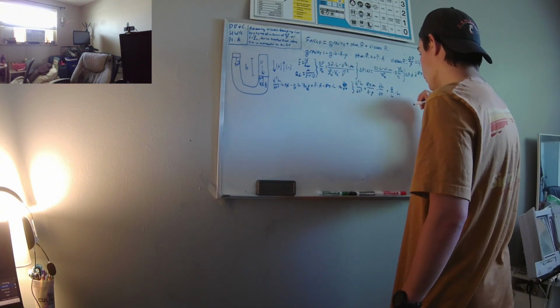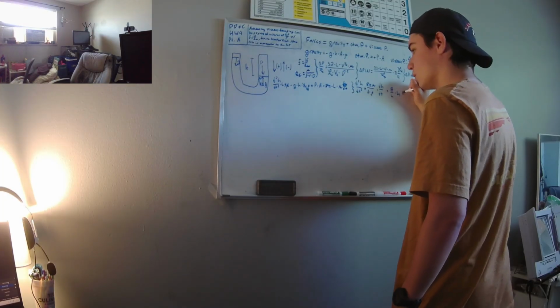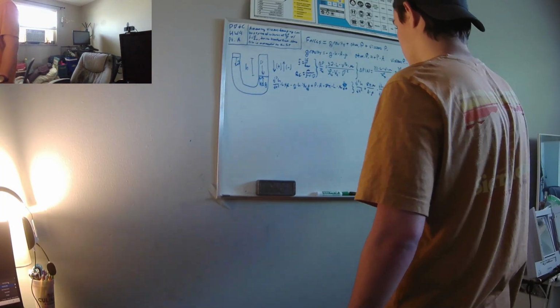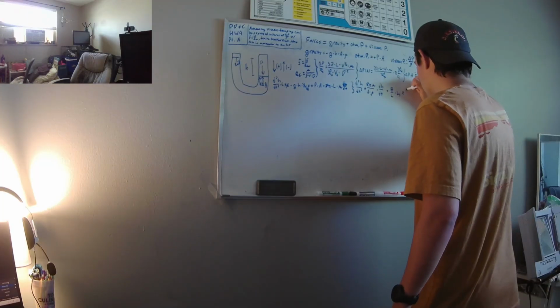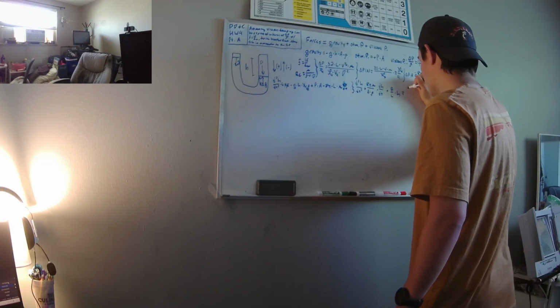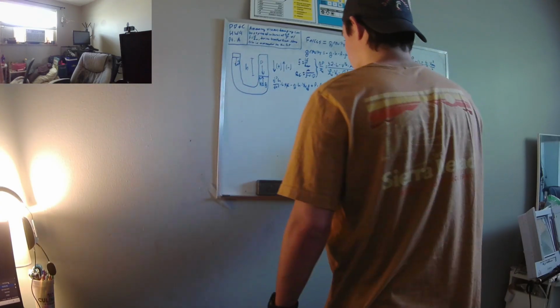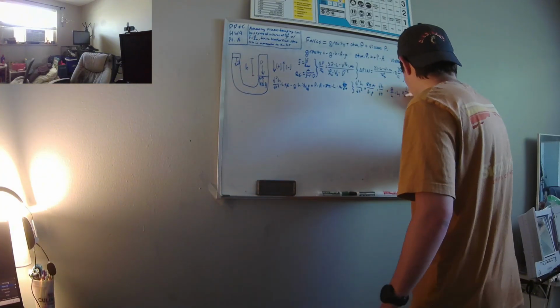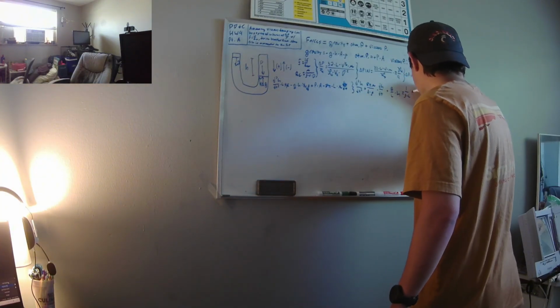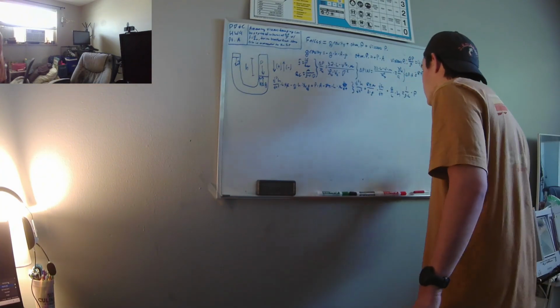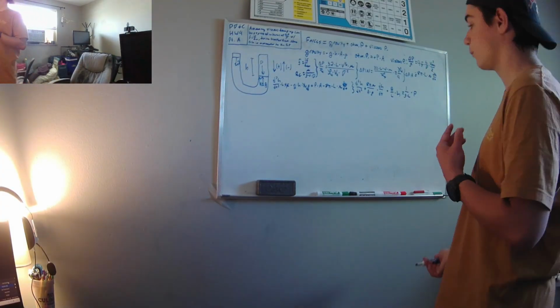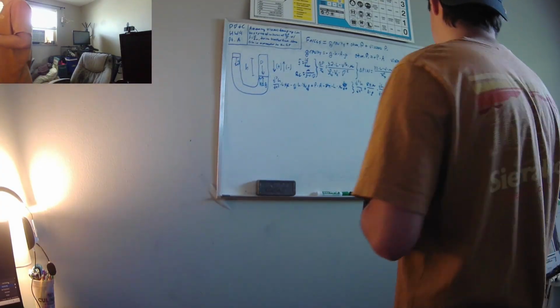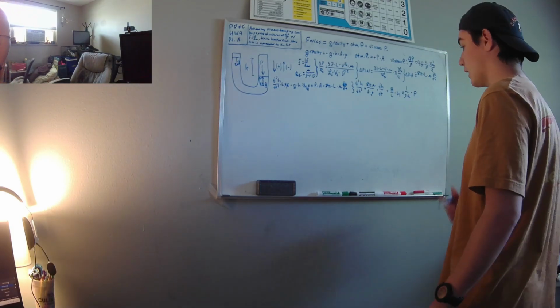And that's all going to equal 1 over rho times L times our P. So now we have this in a differential form. We're going to be able to take a Laplace transform. So I'm going to go ahead and do that.